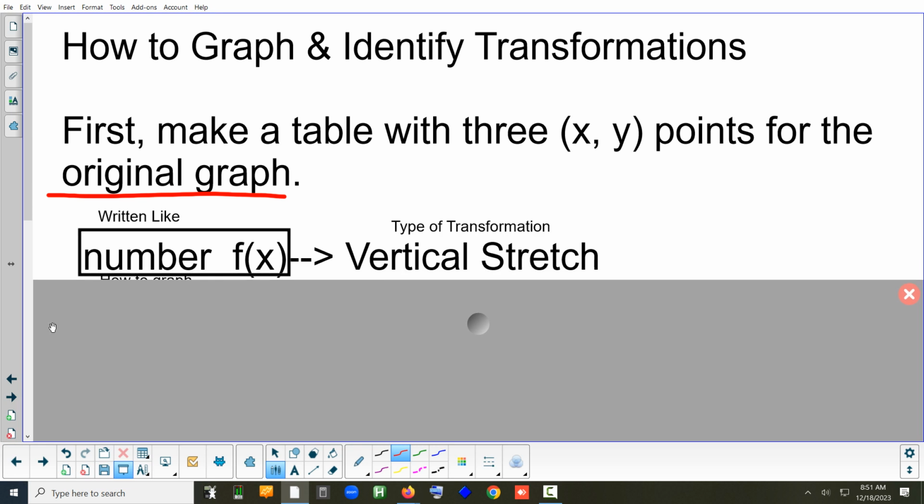All right, so let's start with the first one. On the first row where it says problem written like, you want to put down what's in that box. Number, and then in parentheses, f of x. So that goes in the first column. And when we do an actual problem, you won't see the word number, you'll see a number, like this.